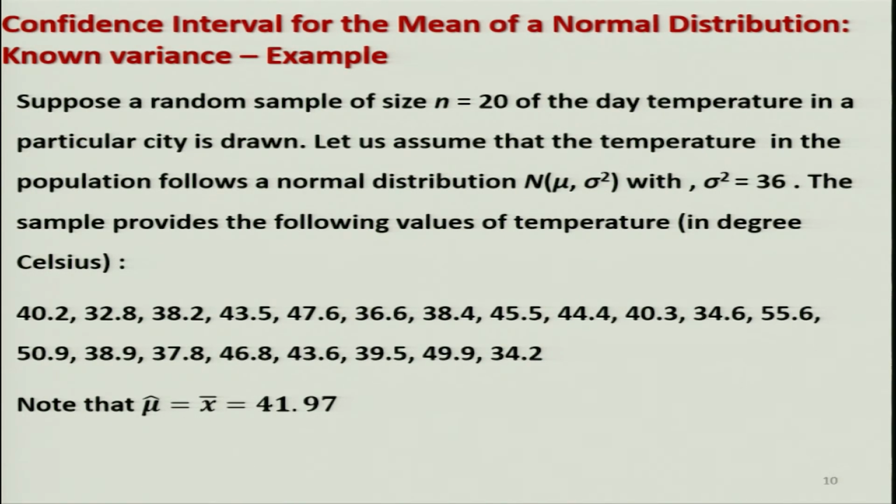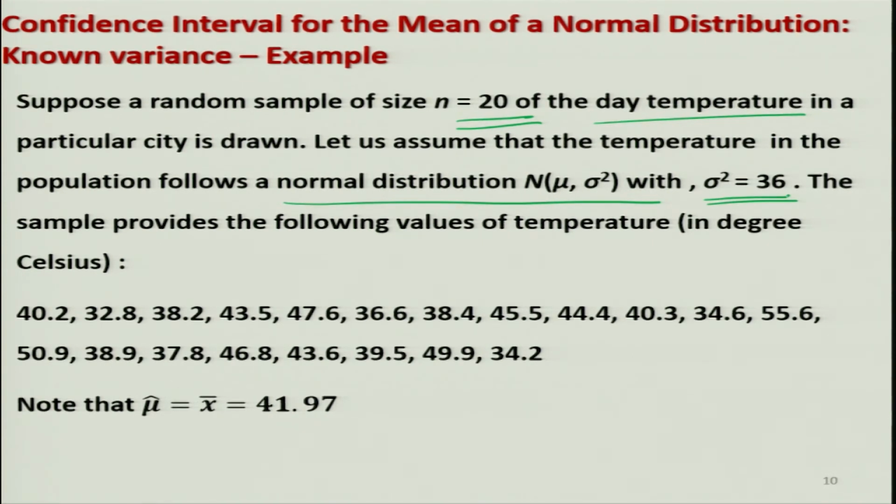Now let me take an example and show you all these things. Suppose a sample of size 20 on the day temperature in a particular city is collected. So, the temperature of these 20 days in a city is collected, and we assume that this temperature follows a normal distribution with mean mu and variance sigma square, and suppose sigma square is known.